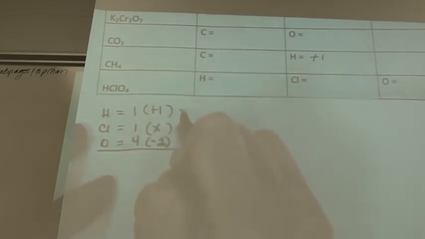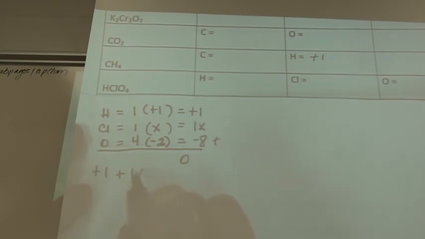1 times +1 is +1. 1 times x is 1x. 4 times -2 is -8. Here is my equation. +1 plus 1x plus -8 is equal to 0. Combining these two terms, 1x plus -7 is equal to 0.